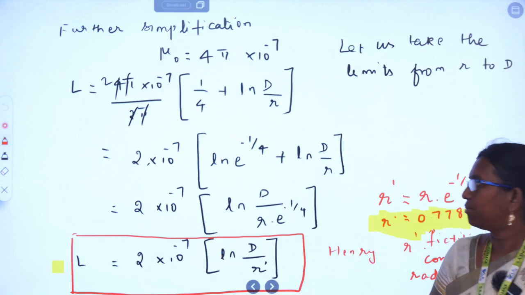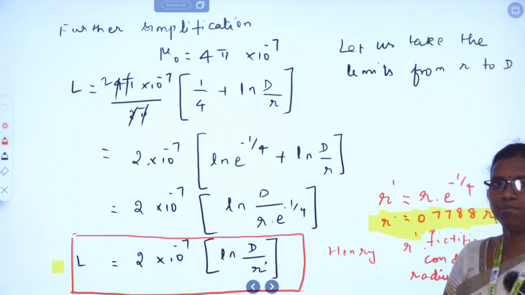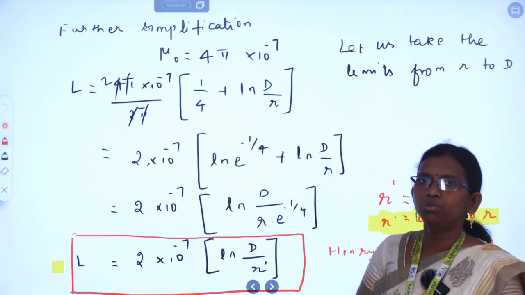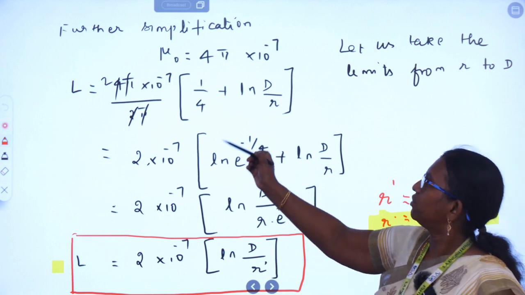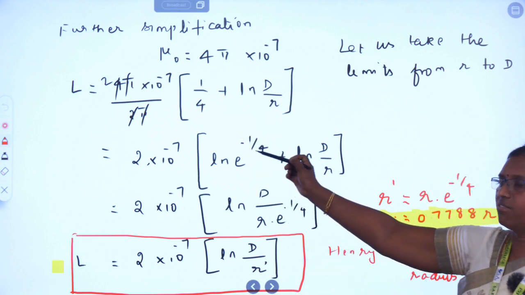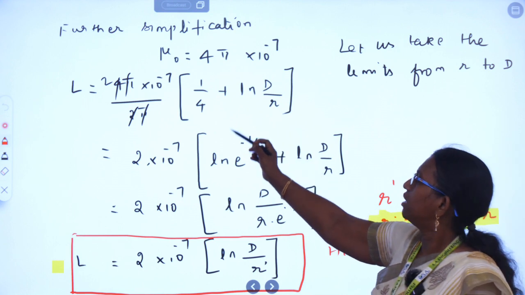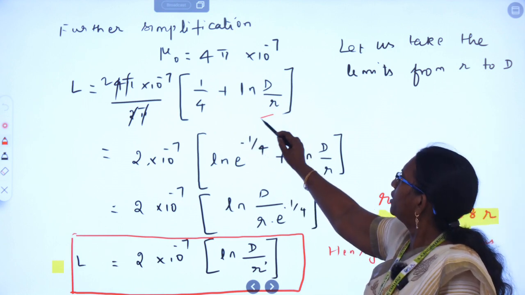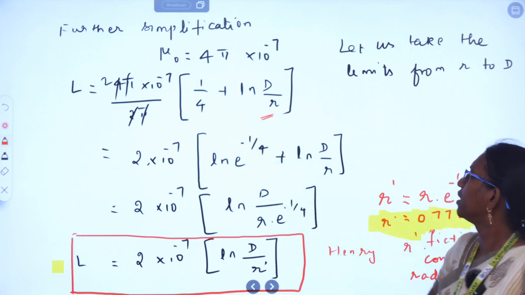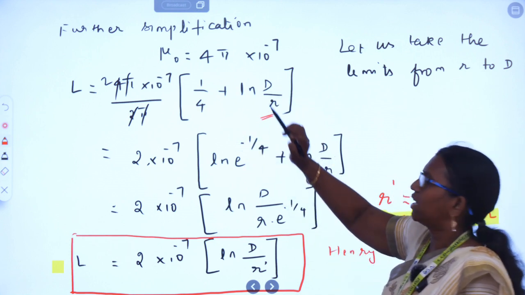Now further we can simplify that. How can we simplify? We know the value for μ0 as 4π into 10 power minus 7. So L is equal to 4π into 10 power minus 7 divided by 2π, which gives you the first simplification step, and here after integration this is ln infinity by r.